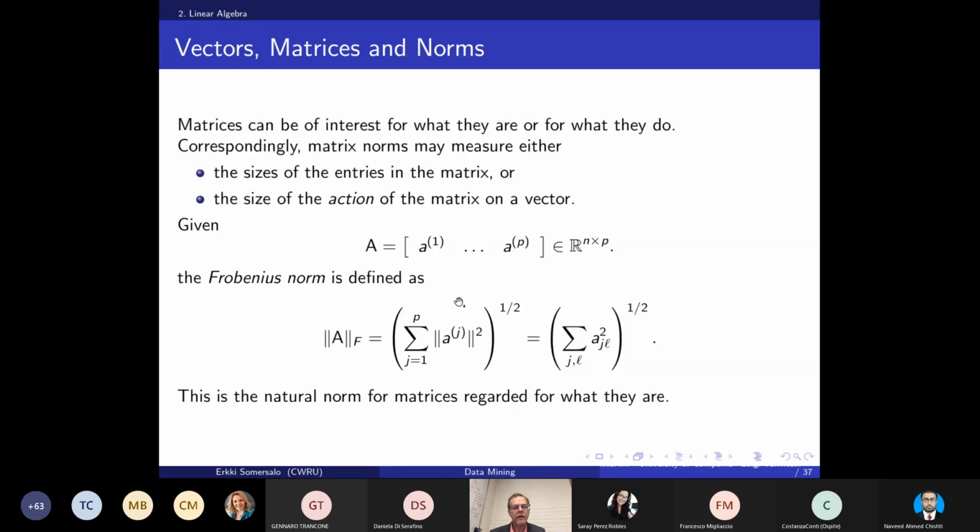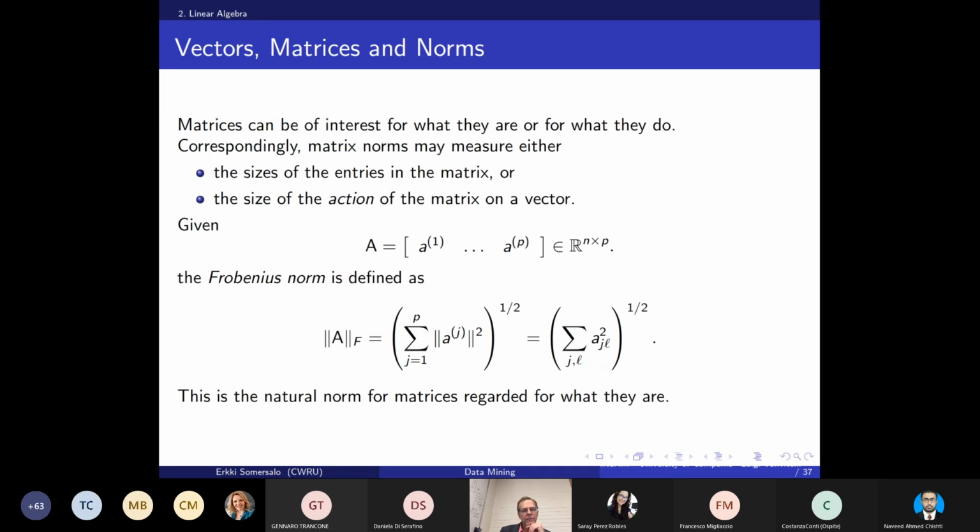For matrices, we need to define different norms. There are two views of matrices that decide which norm concept we are using. You can think of matrices as arrays of numbers. So you can say the matrix is what they are: arrays of numbers. And then you can measure the size of the matrix by looking at the sizes of the components simply.